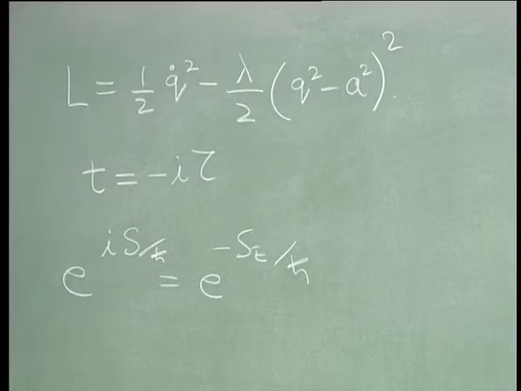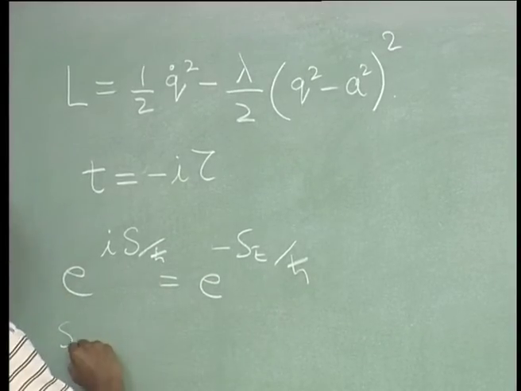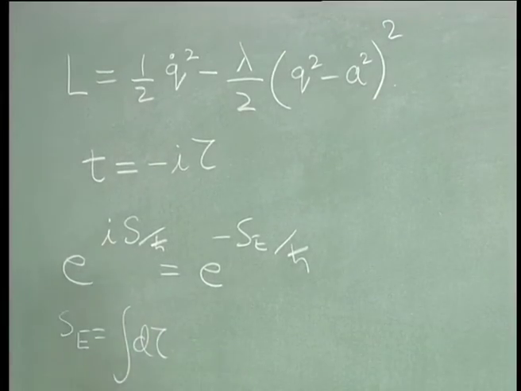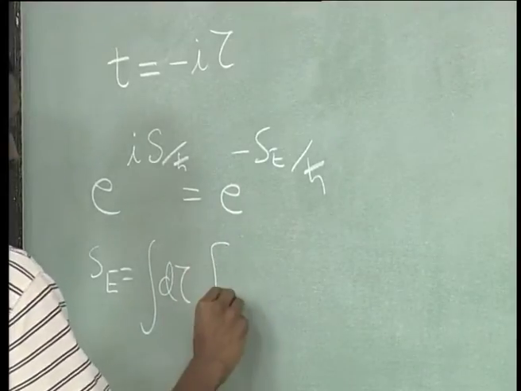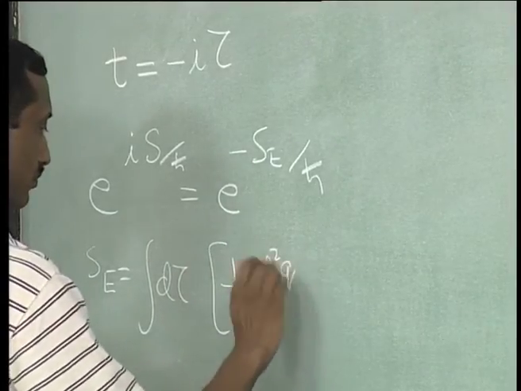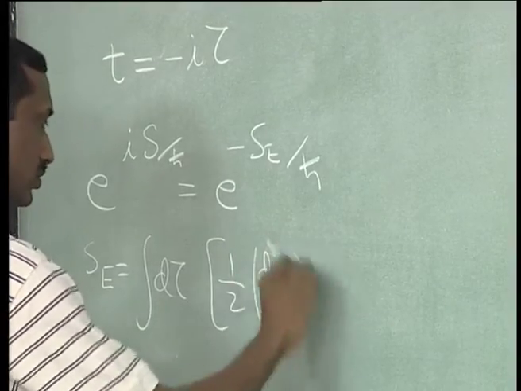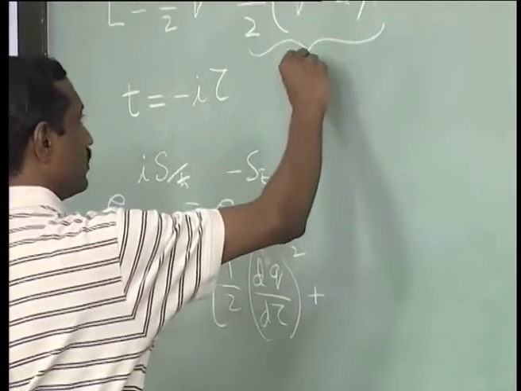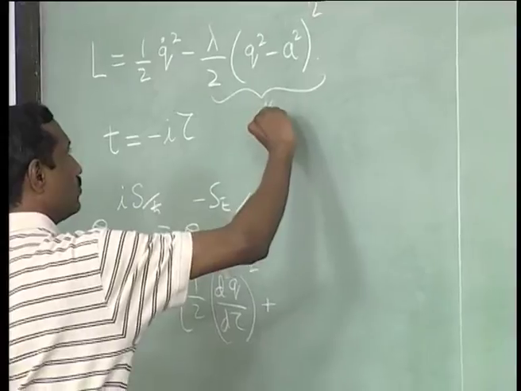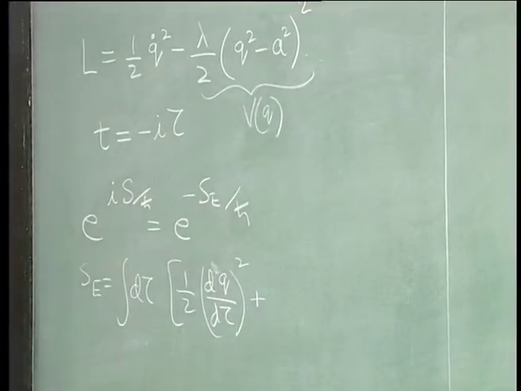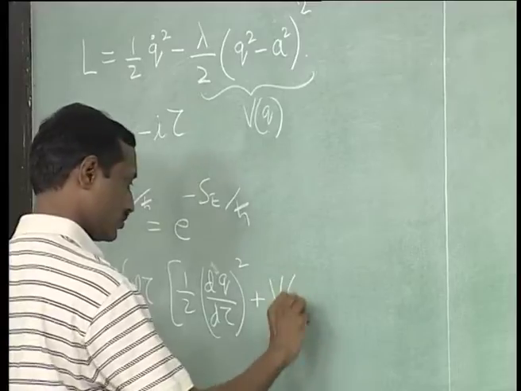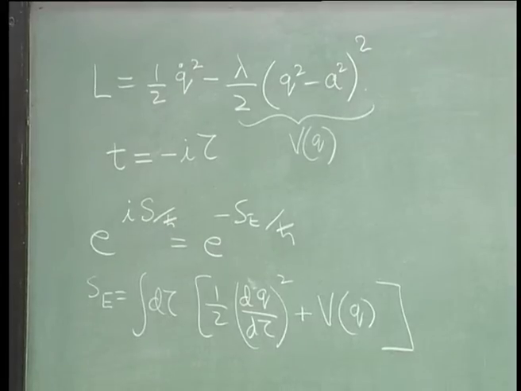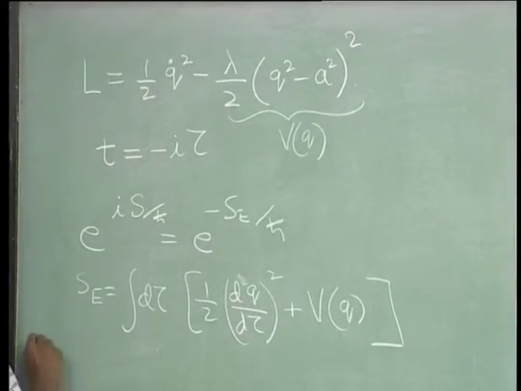The Euclidean action was simple to state: it is just the integral of d tau times dq by d tau whole square plus, for completeness, let us just call this quantity V of q. Later we will use this specific thing, but in general this goes through.